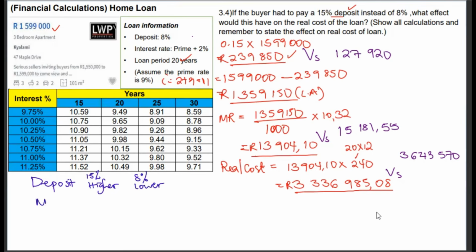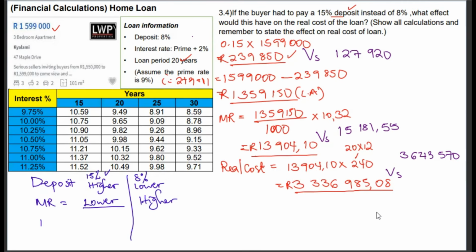Then let's compare the monthly repayments. The higher the deposit, the lower the monthly repayment. And the lower the deposit, the higher the monthly repayment. Look at that. Compare those two. So what effect is there? If you pay a bigger deposit, that means your monthly repayments will be lower.